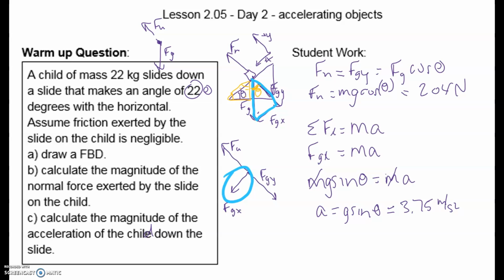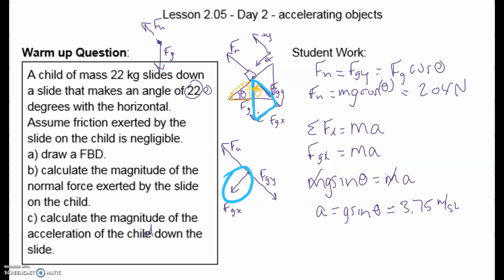And in fact, as the angle increases up to a value of 90 degrees, the sine of that angle will also increase, leading us to a larger acceleration, which is what we expect. A steeper slide is going to cause the child to accelerate at a faster rate. So it's important that we have a sine function here, where the limit is the sine of 90 degrees.